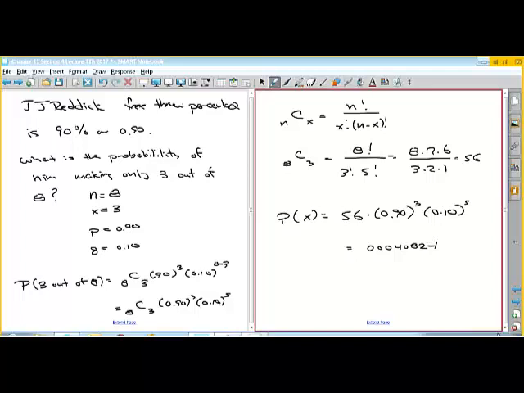There's 2 reasons why it's a small number. One is it's very unlikely that a 90% free throw shooter would only make 3 out of 8. That's just not something they do. And secondly, the more trials you have, the more options there are.